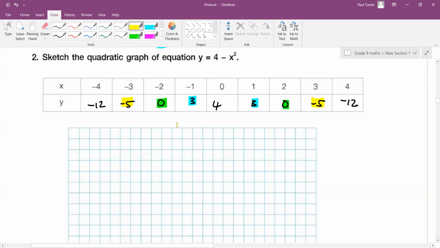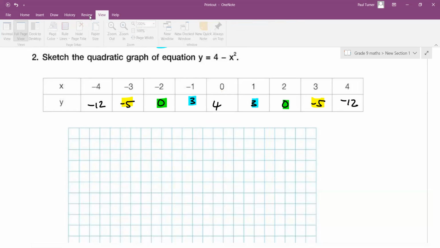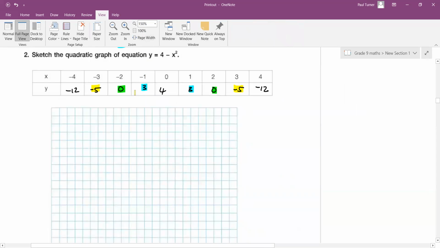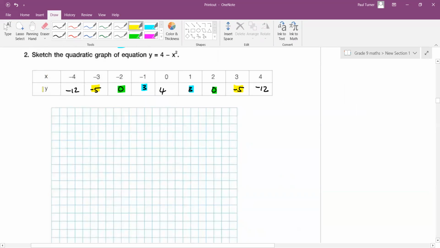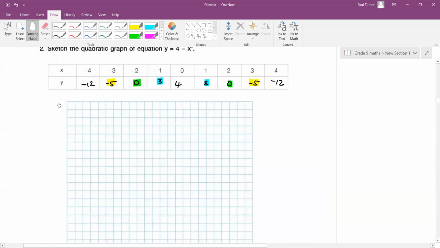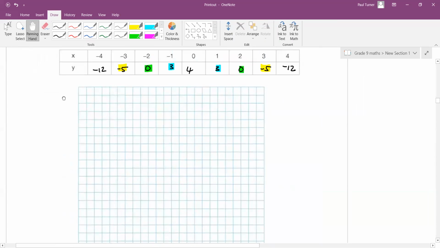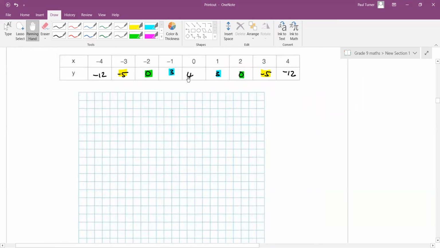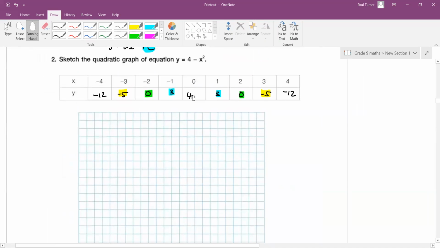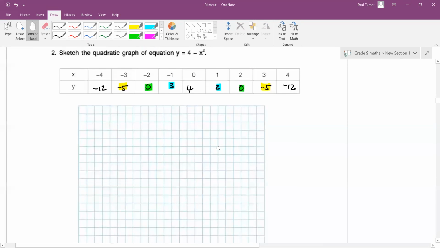So when you're doing your graph, let's do a quick graph. I'll make that a bit smaller so we can see what's going on. So look at your numbers. We're going from 4 down to minus 12.